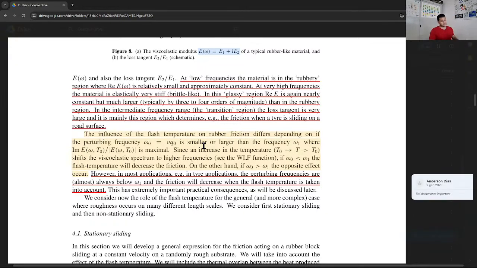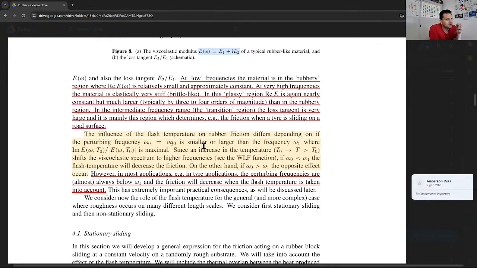And this is quite an important point because of the temperature increase and also the WLF theory, the time-temperature transformation. When we increase temperature, what does the transformation do? It shifts the curves according to the values obtained at a higher temperature.